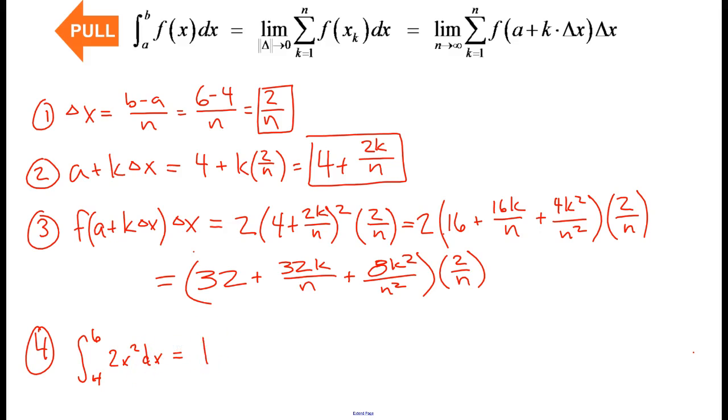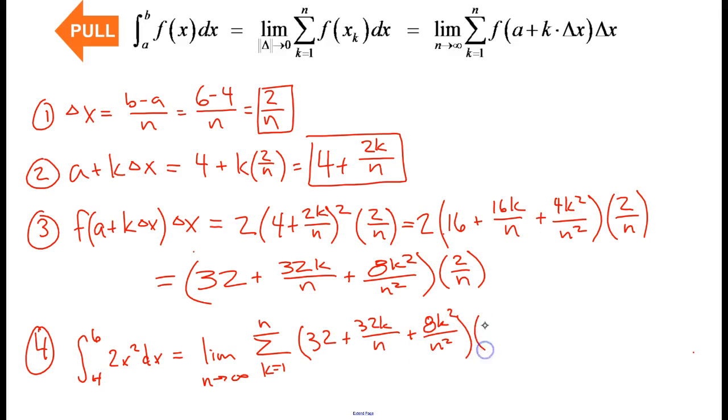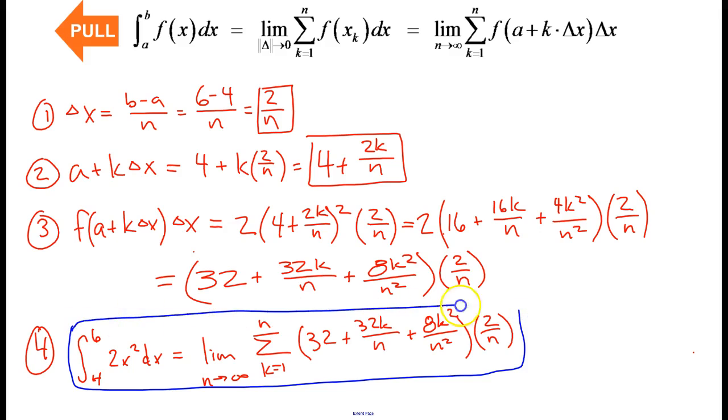And that now equals the limit as n goes to infinity of the sum from k equals 1 to n of 32 plus 32k over n plus 8k squared over n squared times delta x, which is 2 over n. Boom. Pat yourself on the back, because you've now done 2 of these successfully.